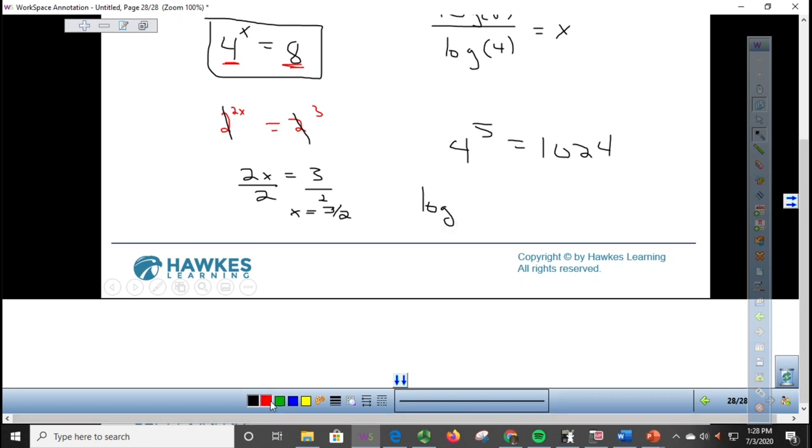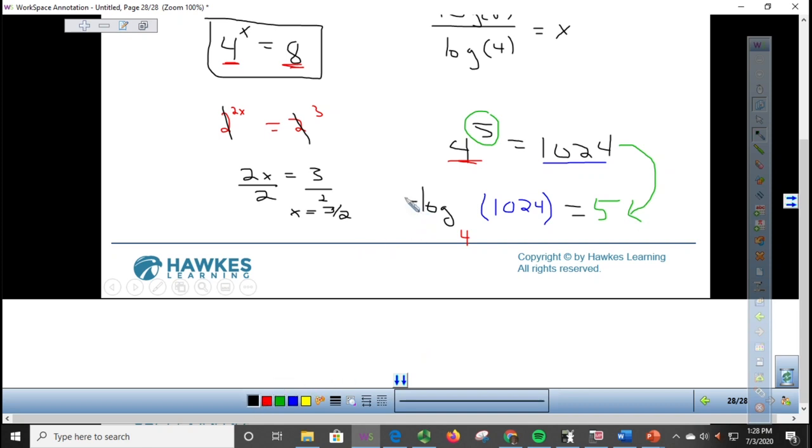Well, what's my base? My base is 4, so I'm going to say log base 4. Now I need to figure out what my argument is. My argument is what the exponent equals. Log base 4 of 1024 equals the exponent, which is 5. So I've taken it from exponential form and written it in logarithmic form.